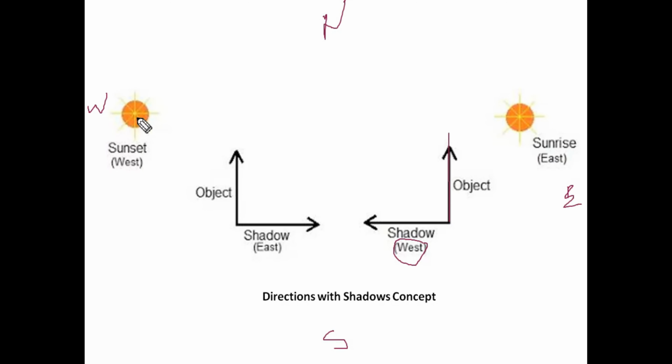In the evening, at sunset, if it is the object, its shadow will be on the east direction. So in the morning, sun is on the east, object's shadow is on the west. In the evening, sun is on the west, but object shadow is on the east direction. So what is the object? Person also can be an object.